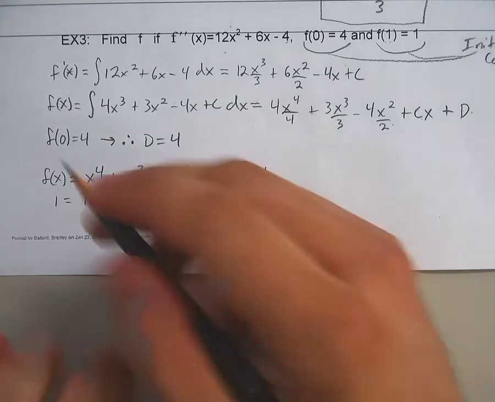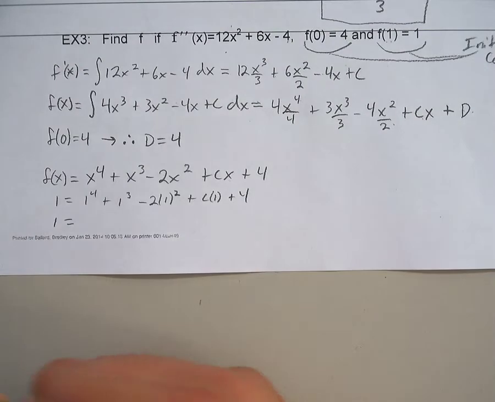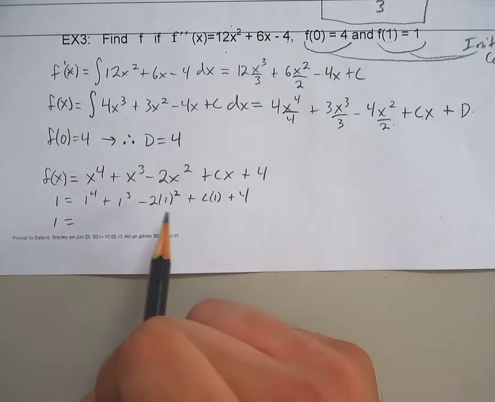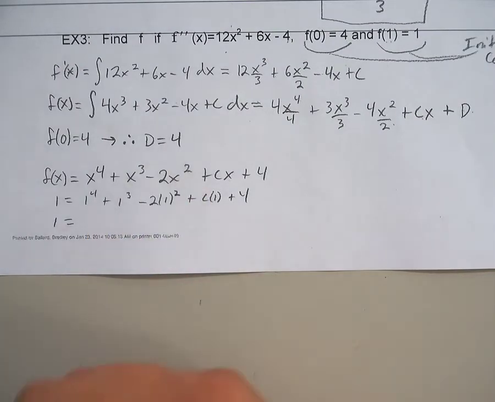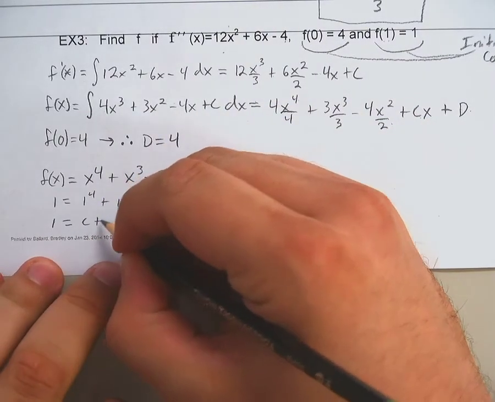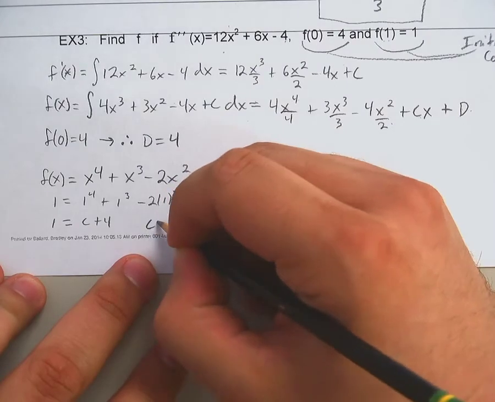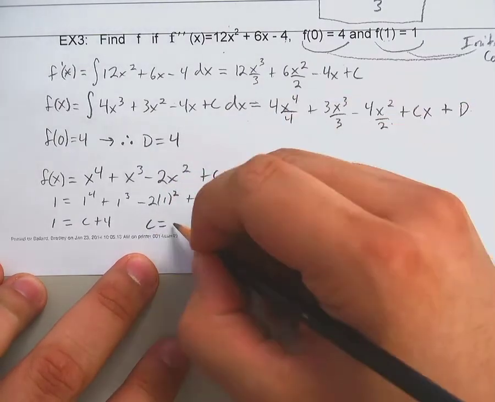So it looks like I've got 1 is equal to, let's see, 1 plus 1 minus 2, so those will all go away, plus 4. So it looks like I'm left with c plus 4. Bring your 4 over, and c is negative 3.